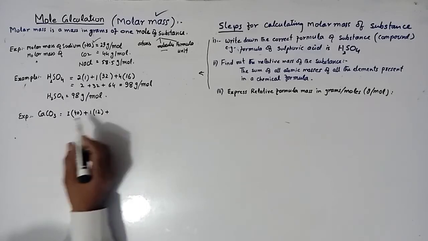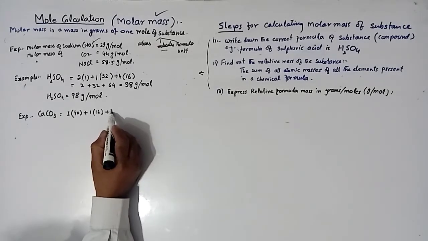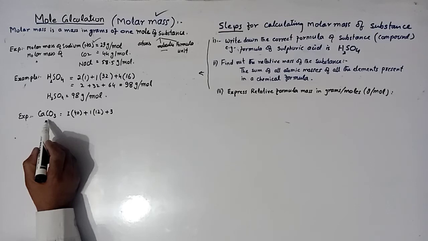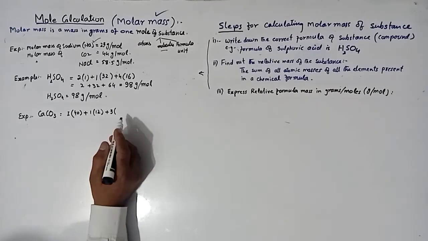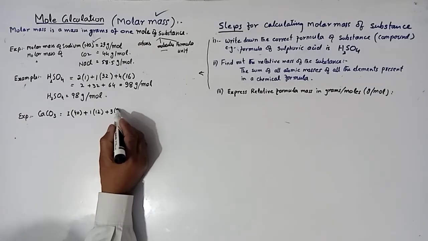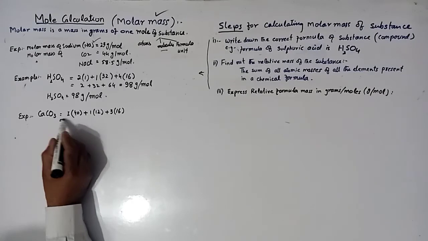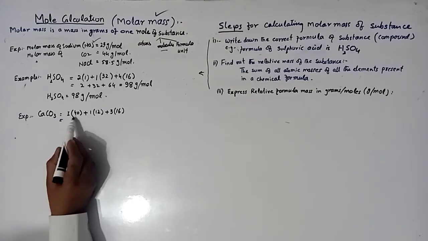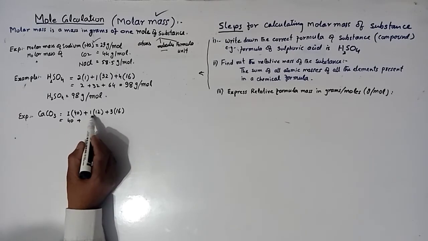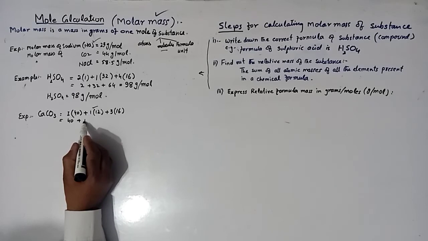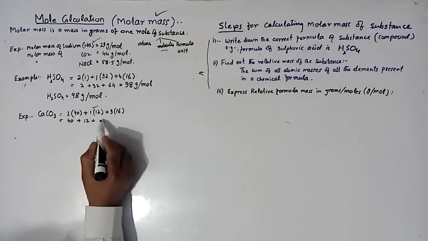Now plus there are 3 oxygen in this formula unit and the atomic mass of oxygen is 16. Now multiply 1 by 40, so we get 40. From here we get 12 and 3 16s are 48.